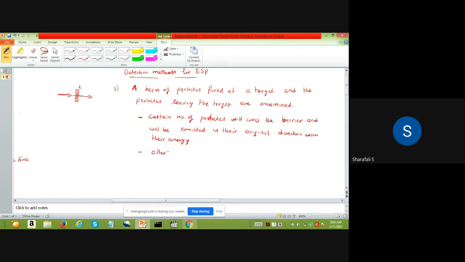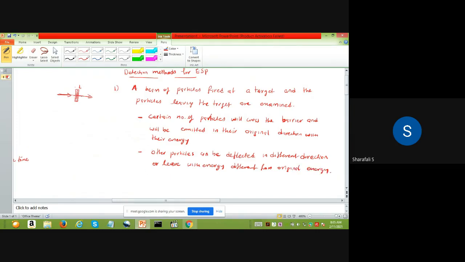Another possibility is that some other particles can be deflected in a different direction, or leave with energy different from the original energy.